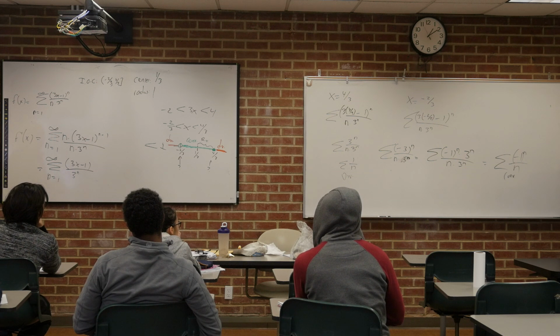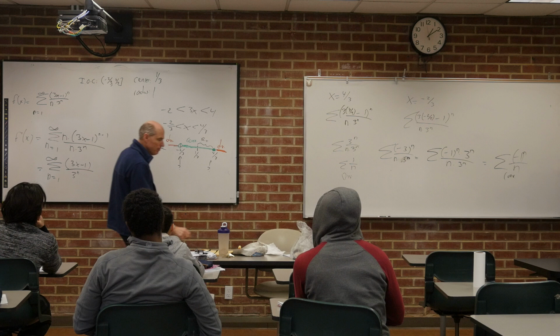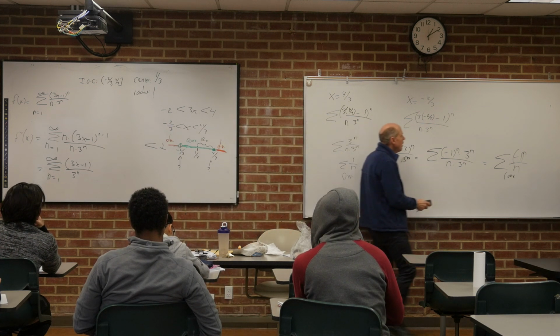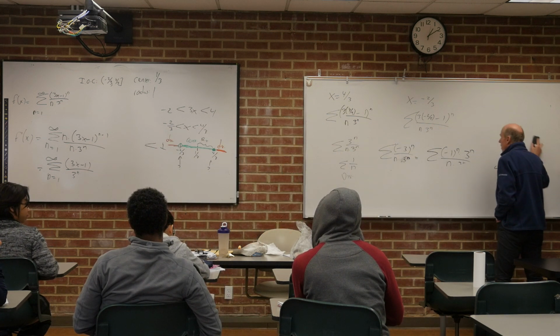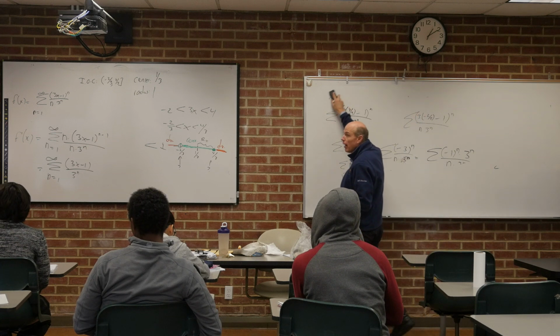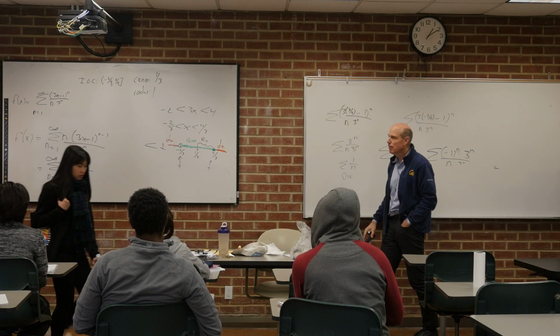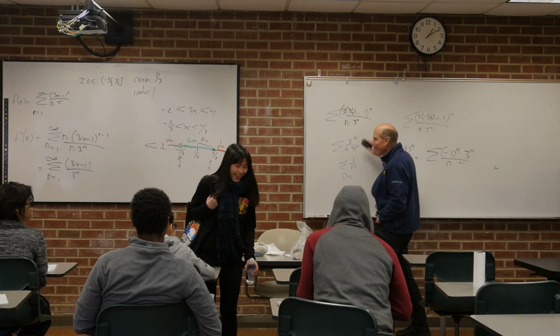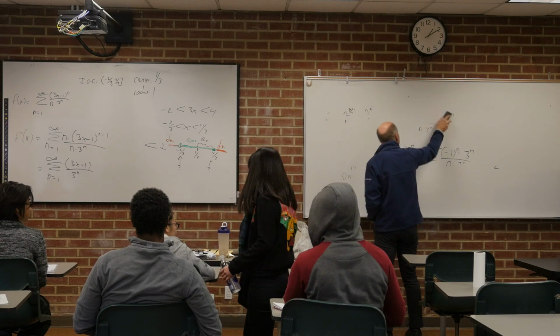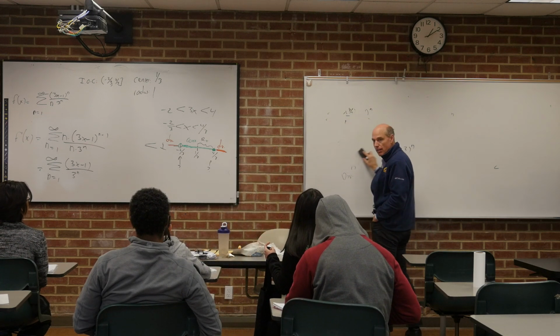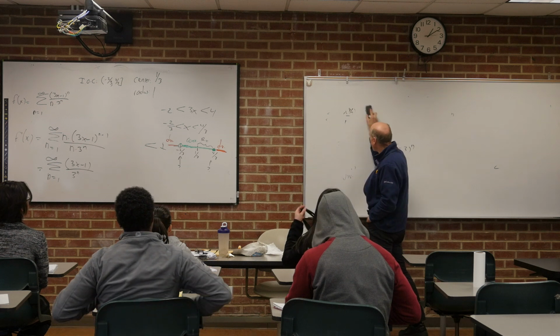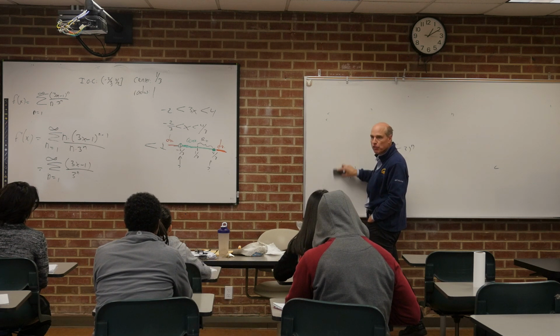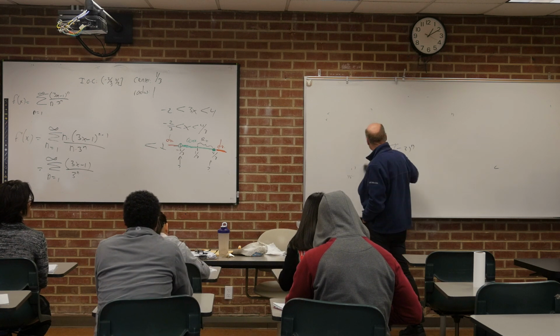There is what the derivative looks like. And if I know the center of a power series, and then I go to its derivative, does the center change? Does the radius change? Does the interval change? Maybe.